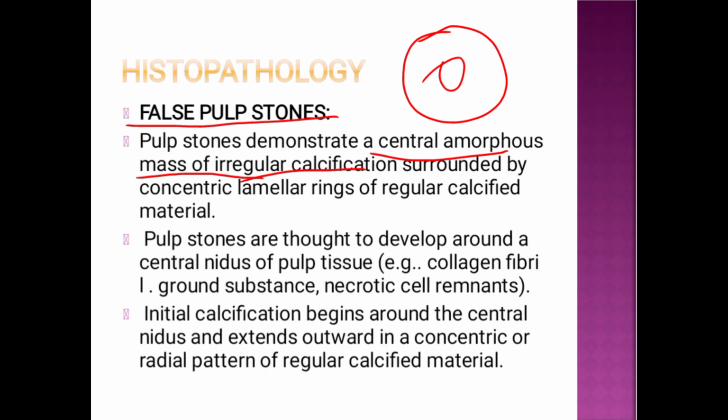So you have a centrally amorphous irregular calcified mass.